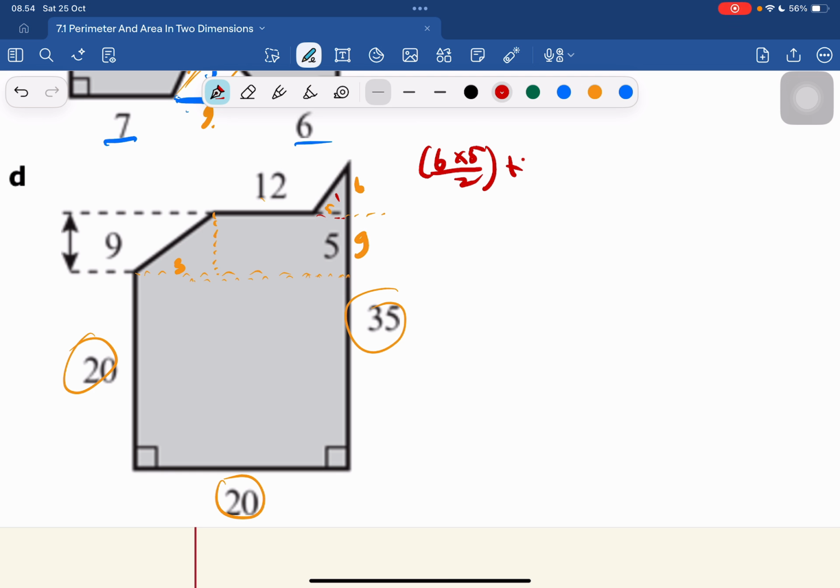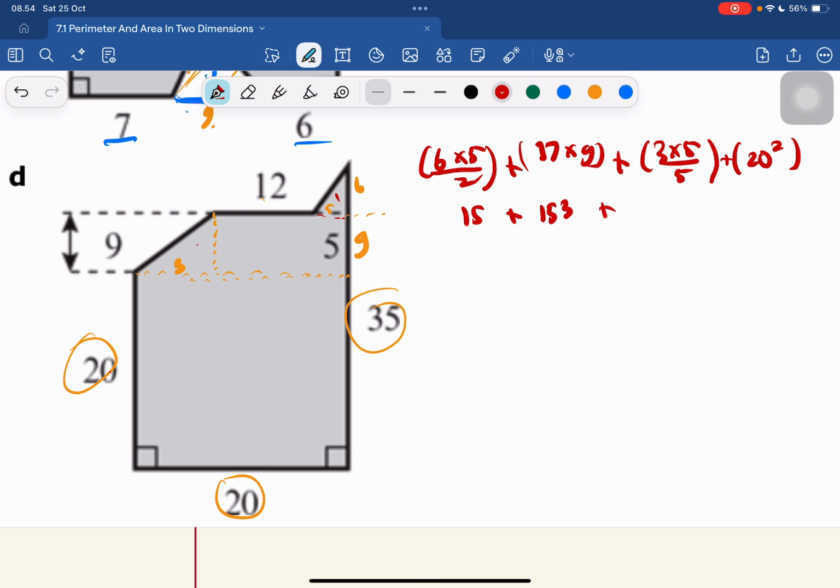Yeah, 12 plus 5 is 17 times 9, and plus this triangle is 3 with 5, so 3 times 5 a half, and we got 20, 20 plus 20 square. So this is gonna be 15 plus, what is this? 19. So 19, not 19, 17 times 9 is gonna be 153.